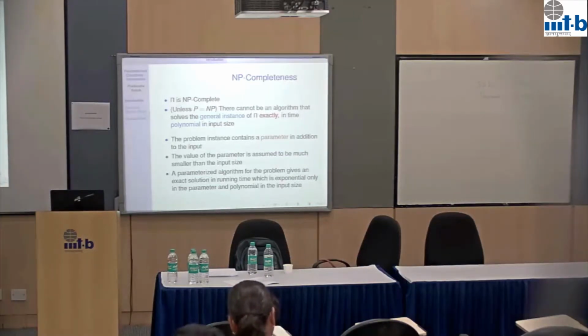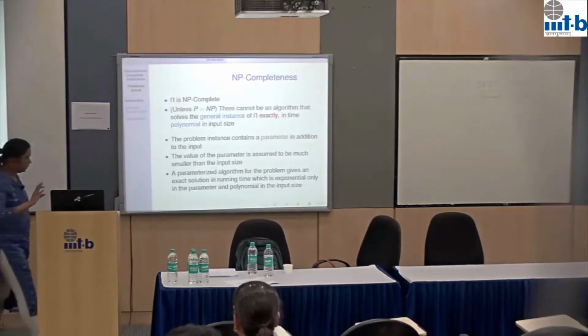So it's much smaller than the input size. The running time is polynomial in input size. It is exponential in the parameter, but I'm okay with that because I've assumed that the parameter is small. So this is the idea.